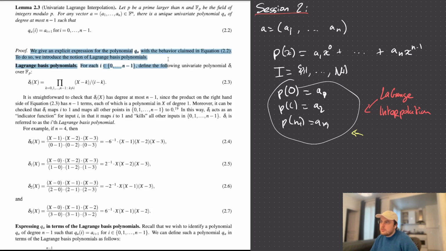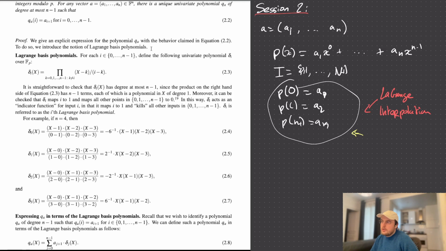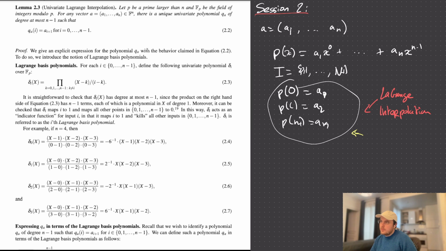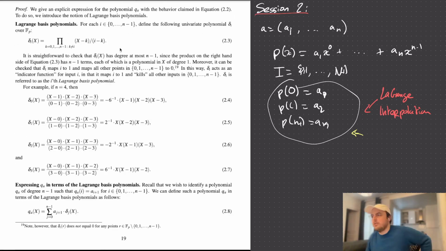Okay, the proof, I think we can skip the proof here because I don't like proofs. This is the kind of black box I agree to take, the proofs of things in general.